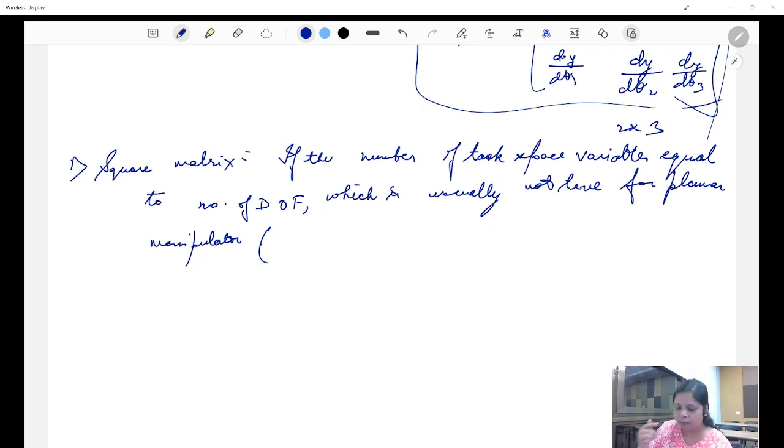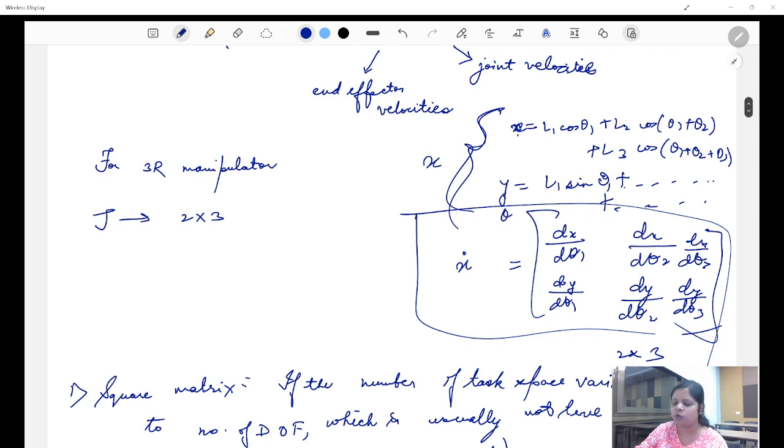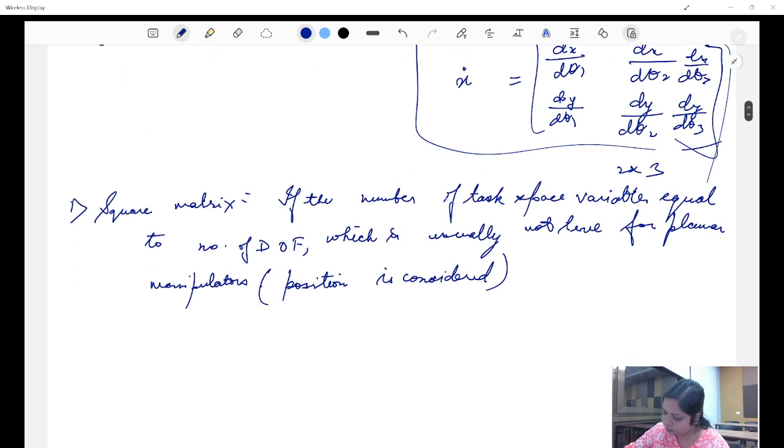Because why is it not true for planar manipulators? Because we generally consider the position. So what actually happens is, let's say we had x, y and some theta also here. Okay, and then we tried to find out a relation, which usually happens. That would be good, but we don't need, na? We already have x and y expressed in form of theta, so we do not need to find some relation. Okay, so if the number of these variables are equal to the number of degrees of freedom, then we do not need.